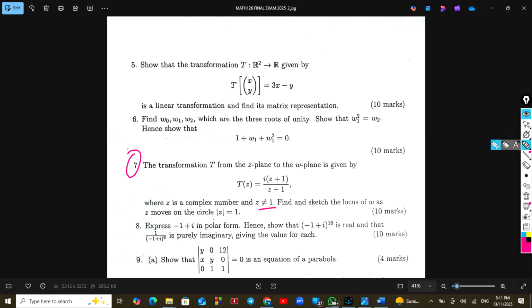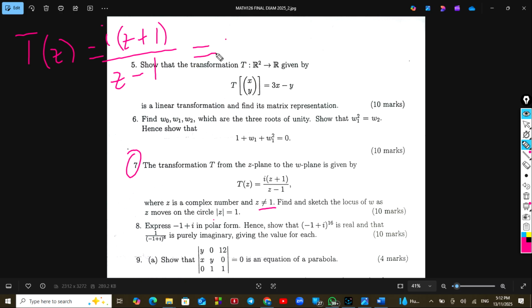So let me copy this. Remember that this is the transformation from the z plane to the w plane. So after applying this transformation to z, we get w.